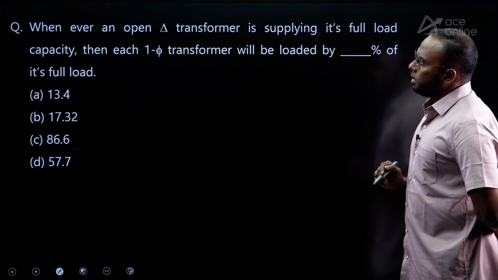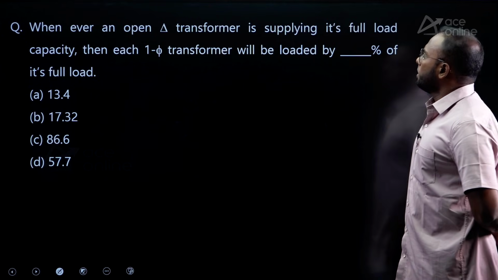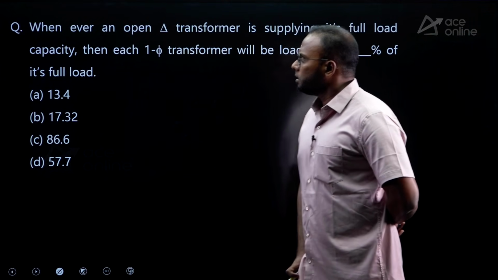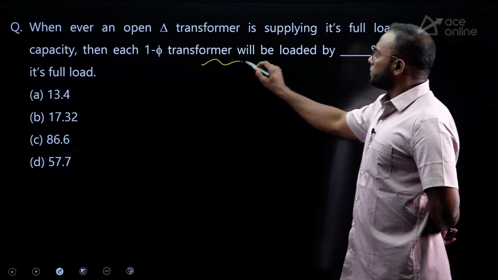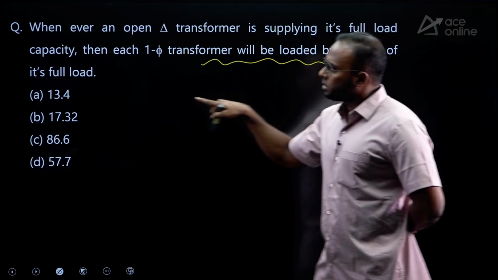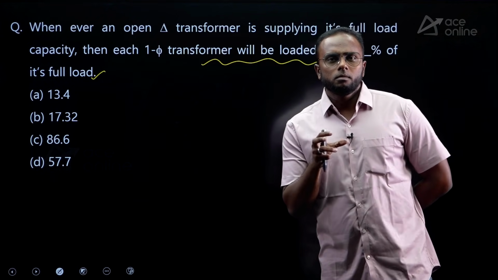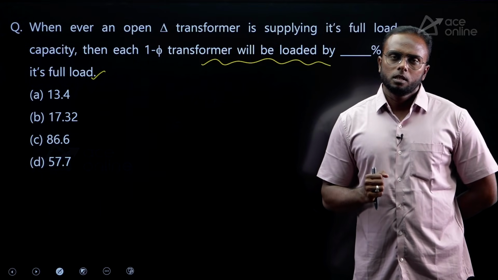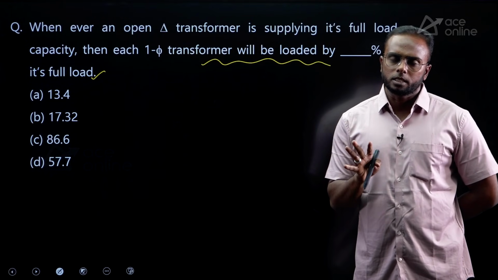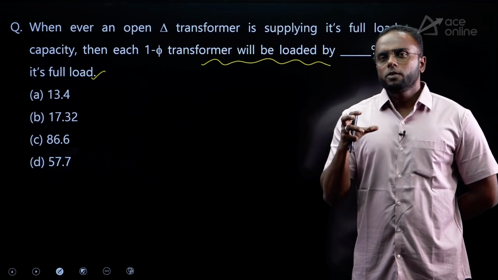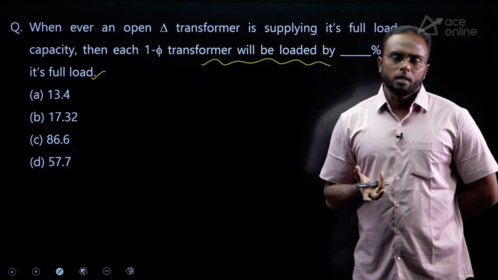Next, whenever an open delta transformer is supplying its full load capacity, then each single phase transformer will be loaded by dash percentage of its full load. Generally, in delta, if you take 3 single phase transformers operating at their full load capacity, suddenly if one single phase transformer is damaged, it becomes open delta.